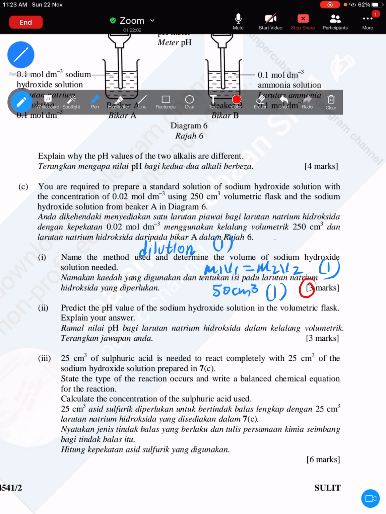Predict the pH value of the sodium hydroxide solution in the volumetric flask. Explain your answer. Okay, boys and girls, try to understand the question.